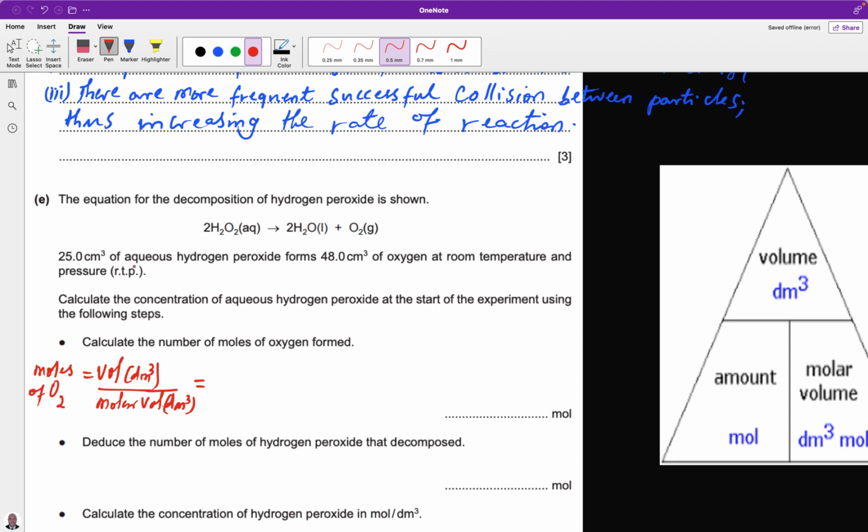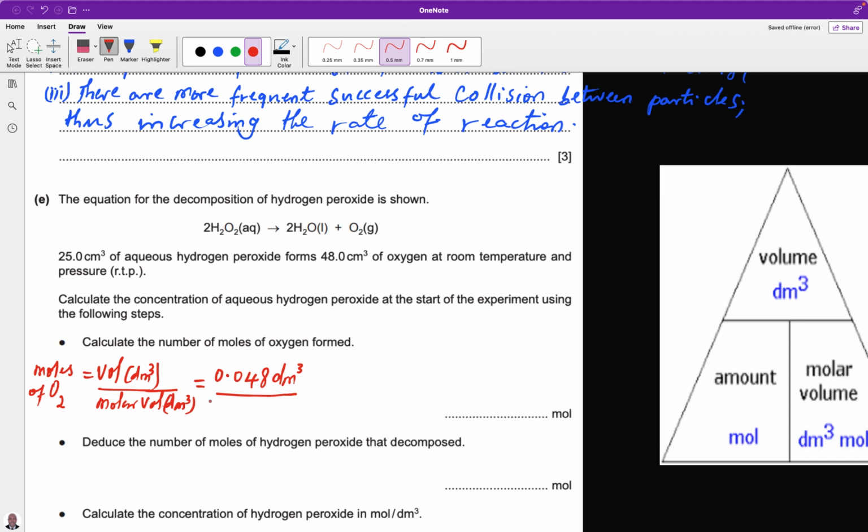We have 250 cm cube of aqueous hydrogen peroxide forming 48 cm cube of oxygen. So the volume of oxygen is 48 cm cube, and in dm cube, 48 divided by 1000 gives 0.048 dm cube. Divided by the molar volume of a gas: 1 mole of a gas occupies 24 dm cube.